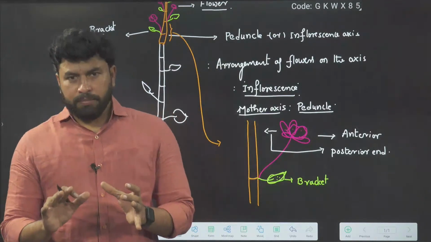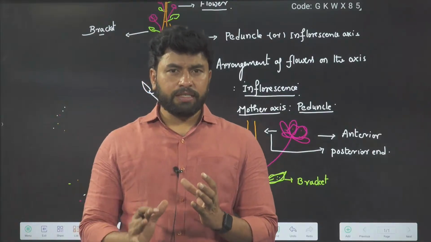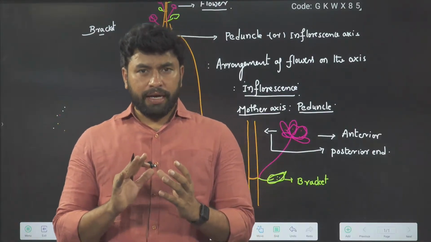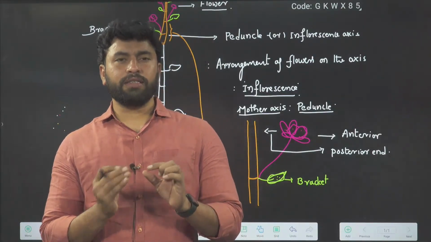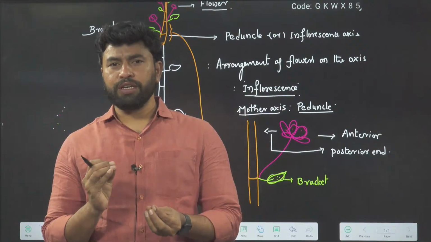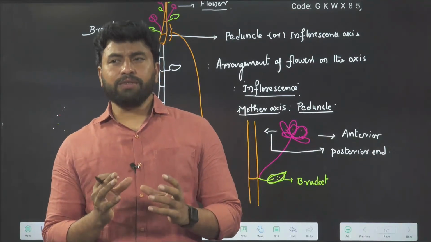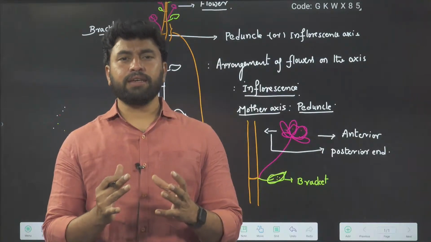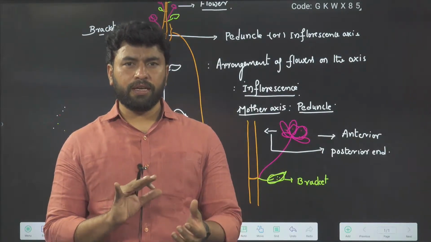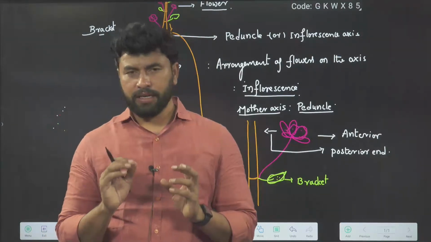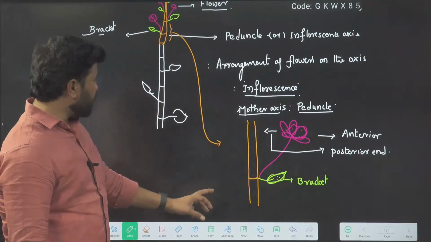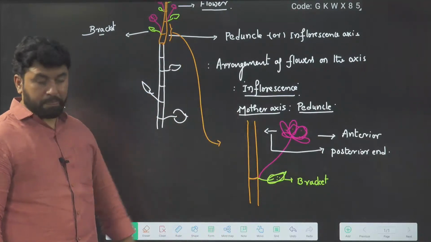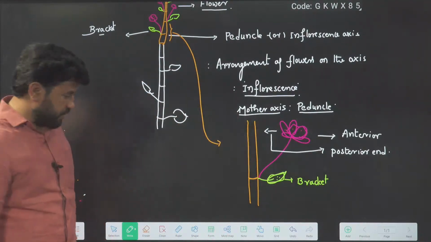Remember these two terms later when we discuss about floral diagram. There you come across these words. What is posterior, what is anterior, and also sometimes some types of estivation have a significance of these posterior and anterior ends. Clear? This is about how flowers developed on inflorescence axis.